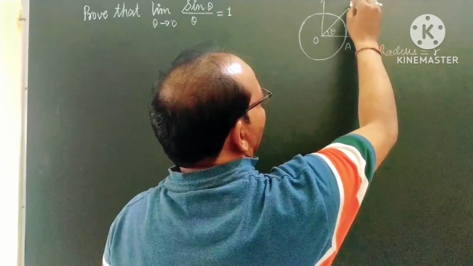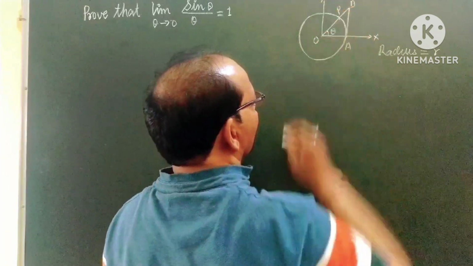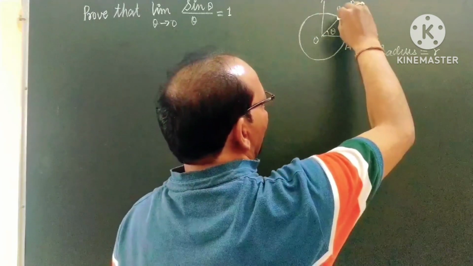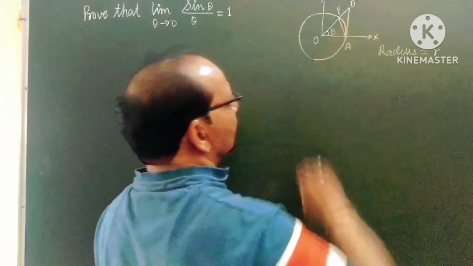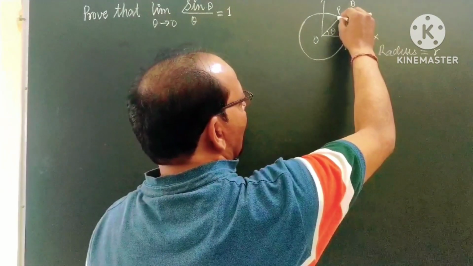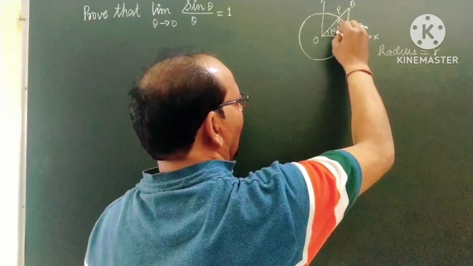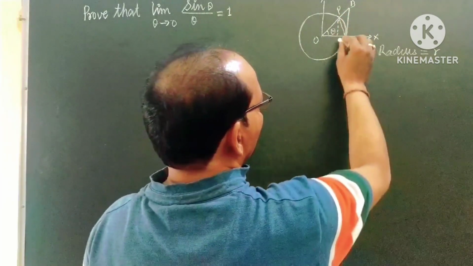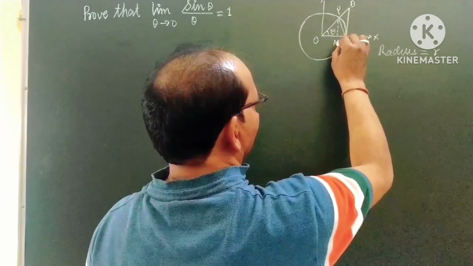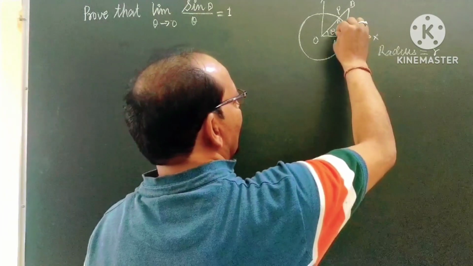This is the point B. We take a point P here and join P to A. If we draw a perpendicular line from P to OA, that is M, therefore this angle will be 90 degree.